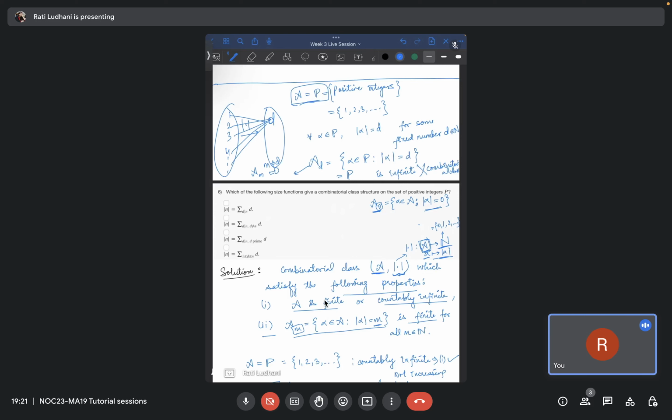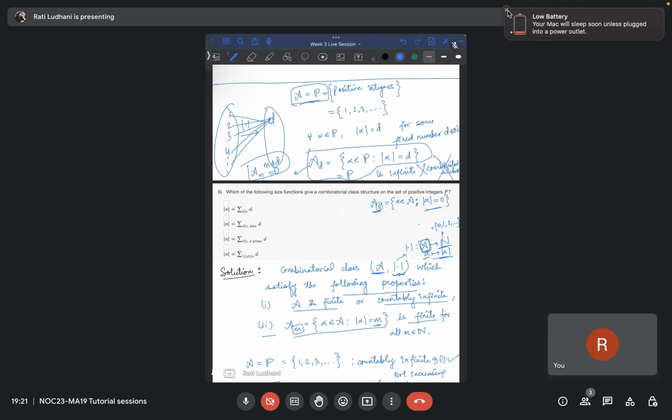So for all the other elements you have this, and for Ad you have the full set. But this is infinite, so this cannot be a combinatorial class. That is the catch here. I hope this is clear. You can ask if you have any doubt. Avinash?